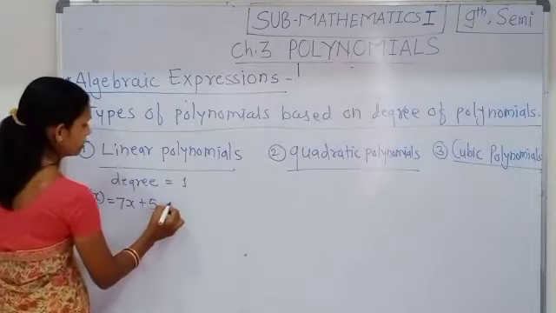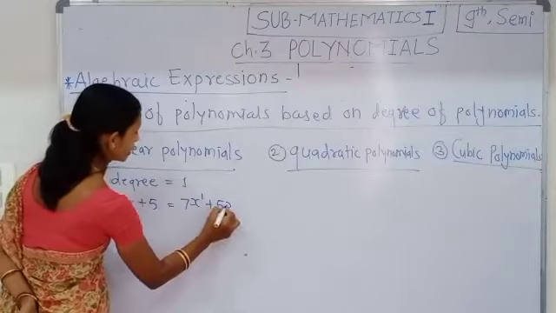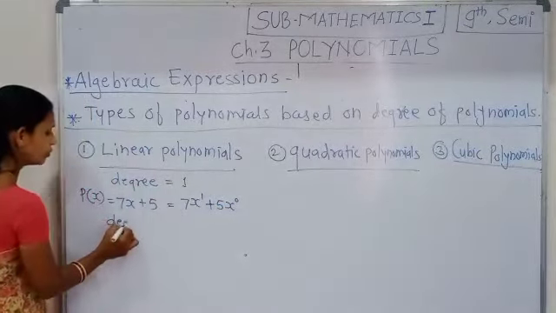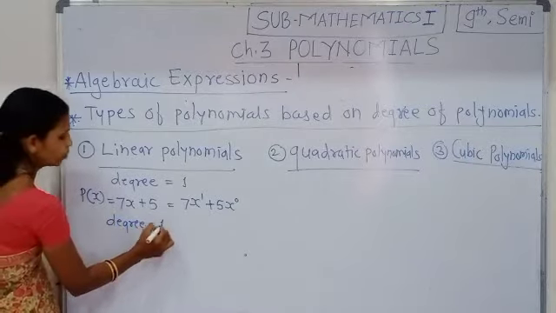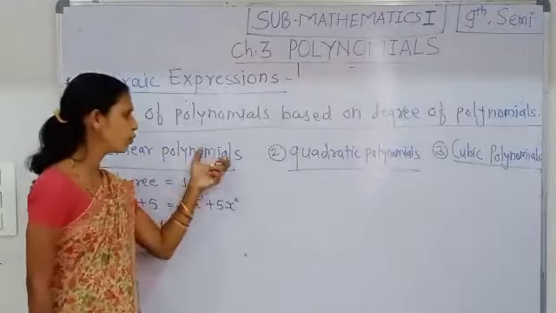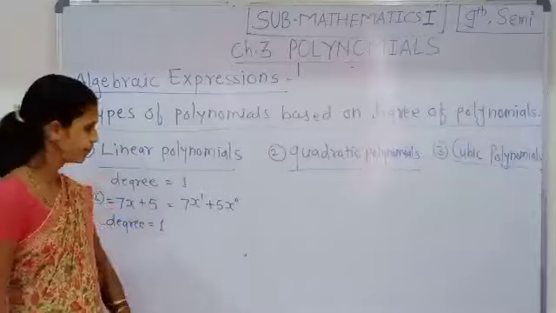It is written here as 7x raised to 1 plus 5x raised to 0. Therefore the degree of this polynomial is 1. And when the degree of the given polynomial is 1, then it is a linear polynomial.